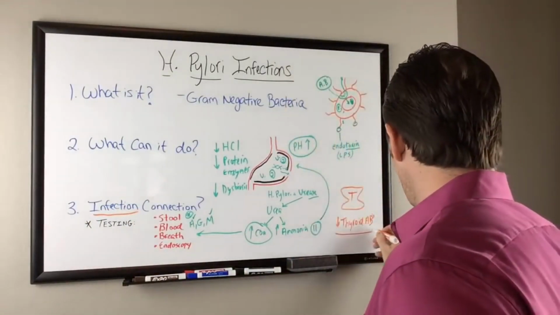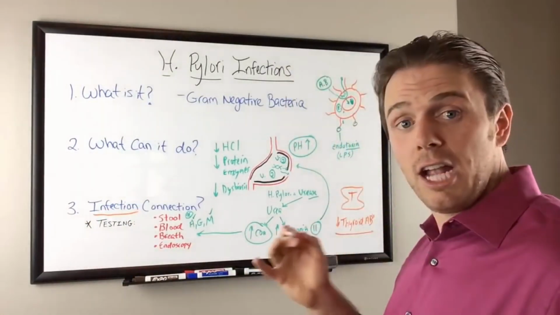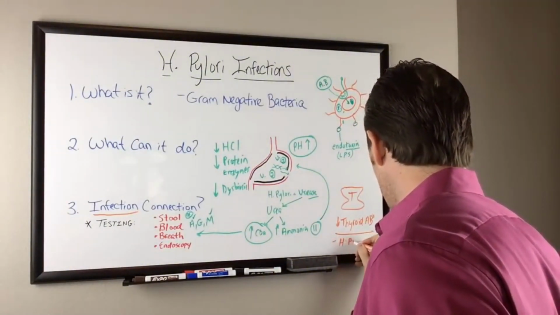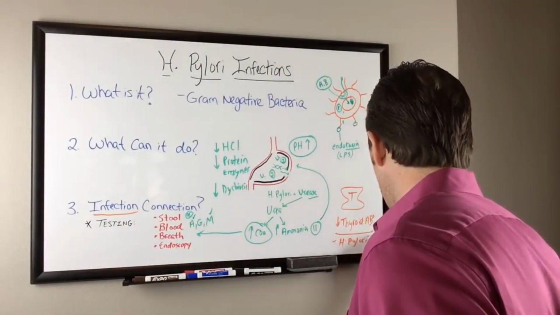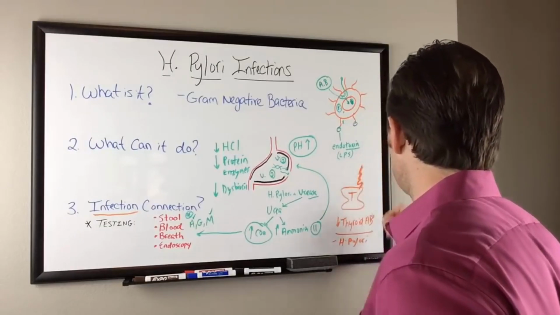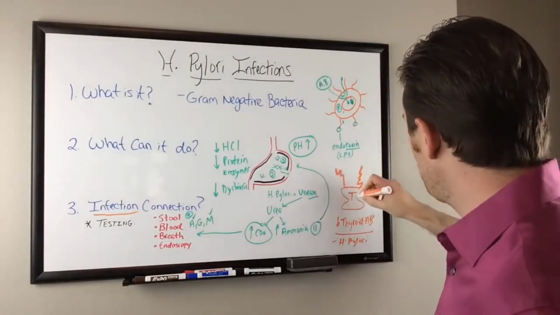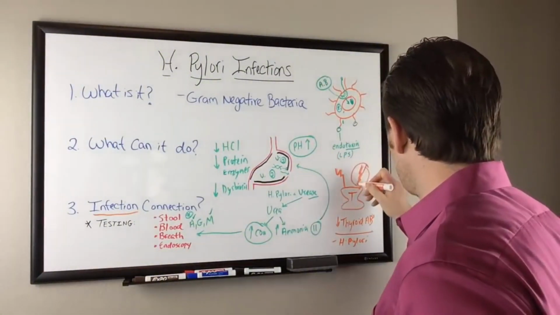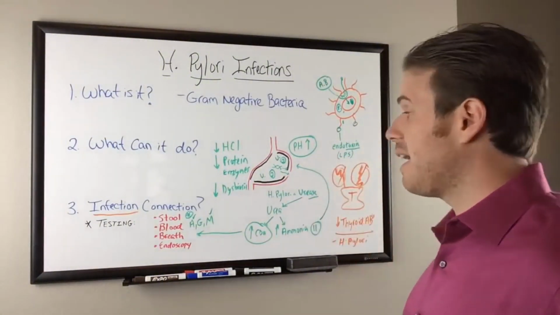So we really want to get the H. pylori eradicated to really knock the thyroid antibodies down. And that will decrease the destruction to the thyroid tissue. So that's a lightning bolt right here coming at the thyroid, attacking it. And we can decrease that if we knock down the H. pylori infection.